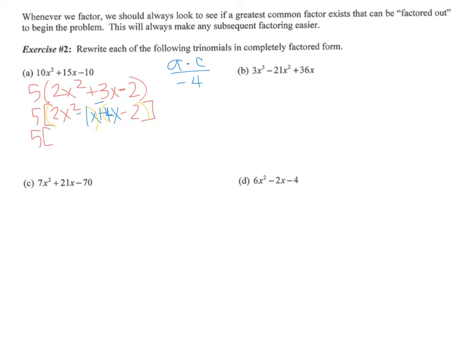Our greatest common factor for 2x squared minus 1x is an x, and we're left with 2x minus 1. Our greatest common factor for 4x and negative 2 is a positive 2, and we're left with 2x minus 1. So we have our 5. We have our first factor of 2x minus 1, and we have our leftover factor of x plus 2.